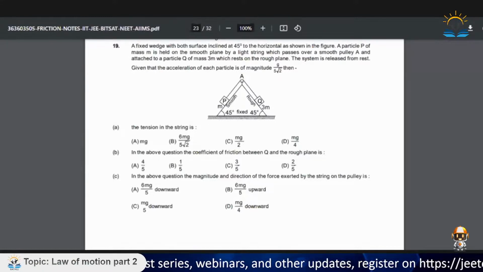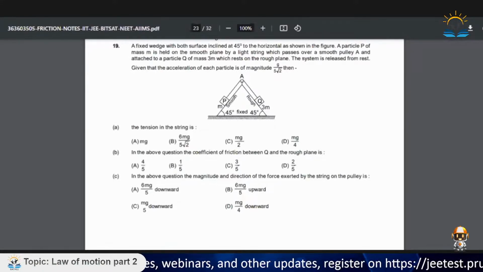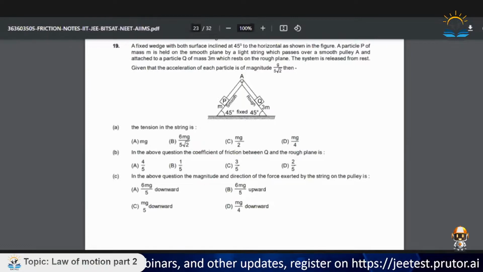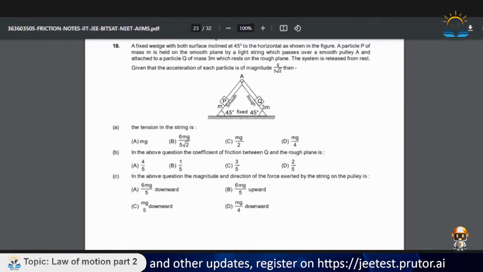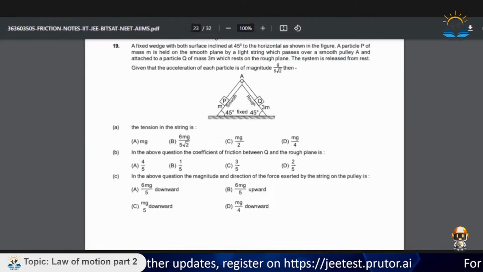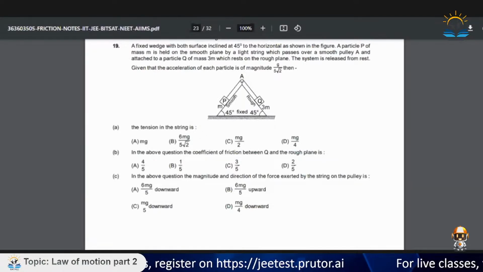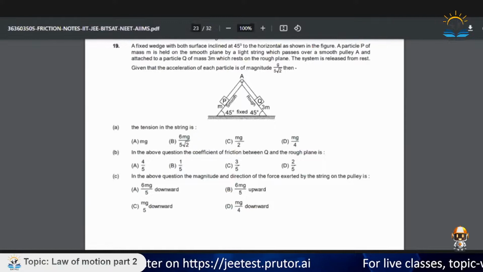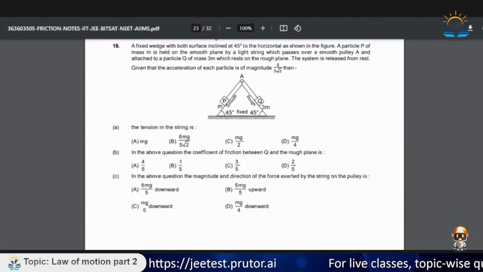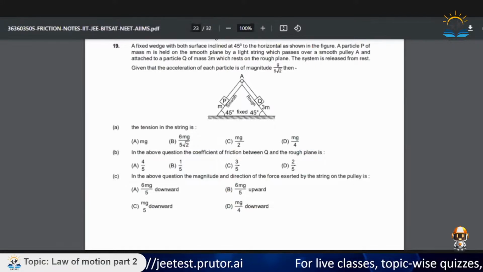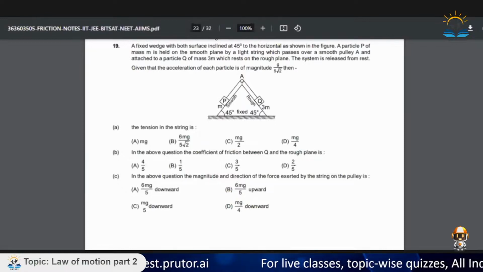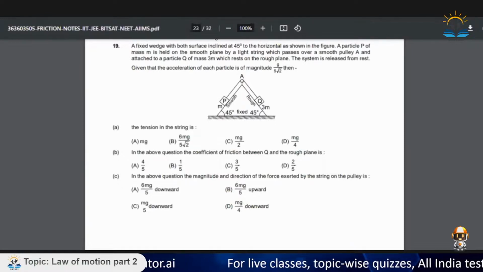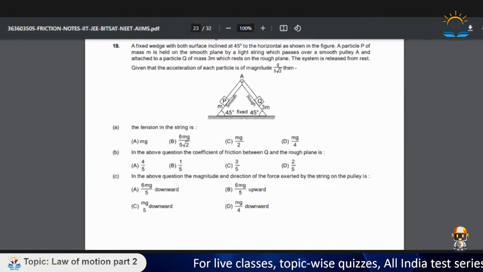So for this tension would be mg by 5 root 2 plus mg by root 2. For it, tension can be written as mg by root 2 into 1 plus 1 by 5, which is equal to 6 mg by 5 root 2. So for this, our answer is this. Tension is 6 mg by 5 root 2.